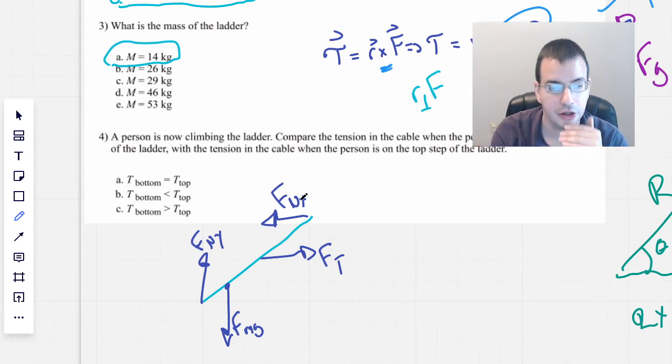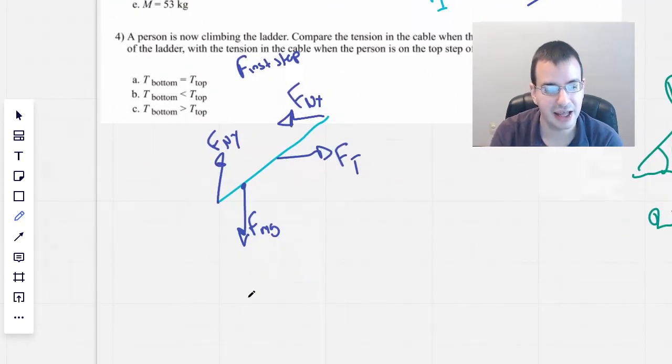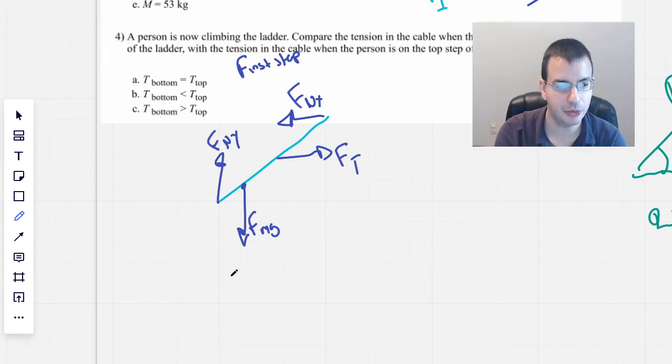Okay, so the reason I drew the mass times gravity down here is this is where he's on the first step. And so when we look at this, we're going to write this out. So I'm basically going to resolve the problem we just did. So we're going to look at the torque down here and the torque up there.